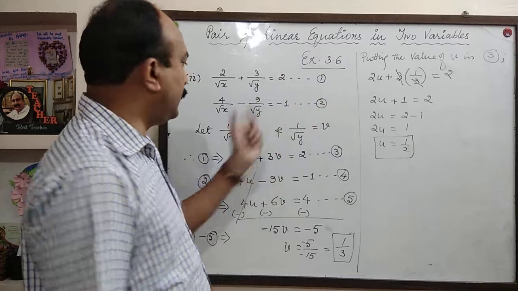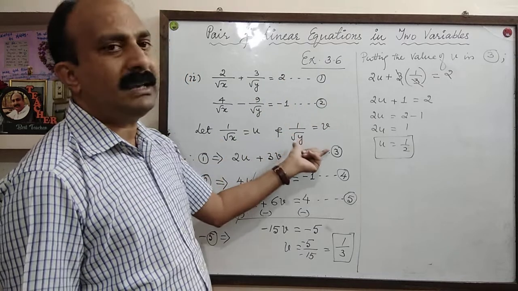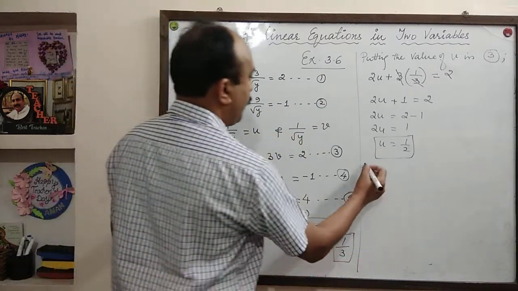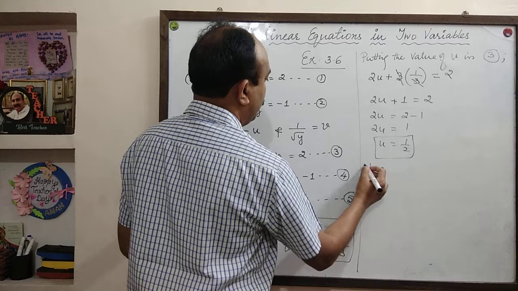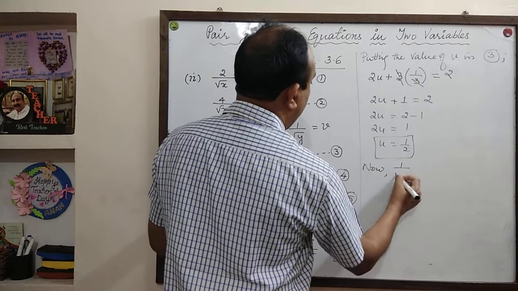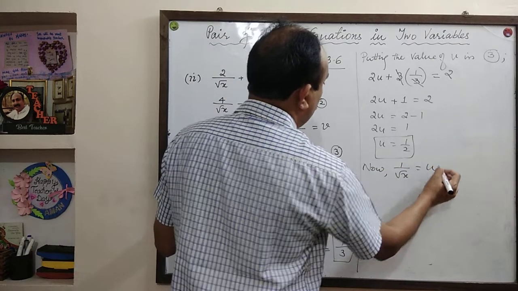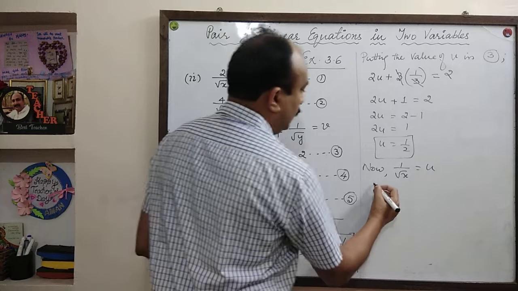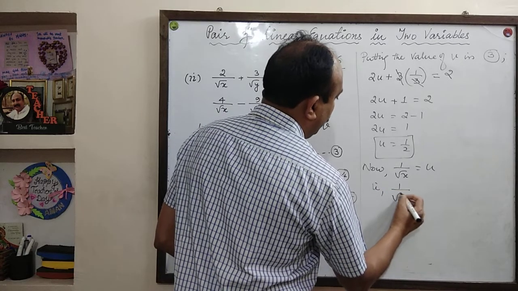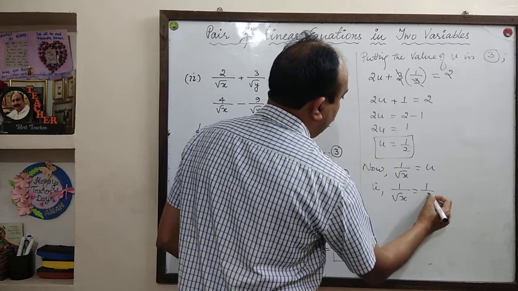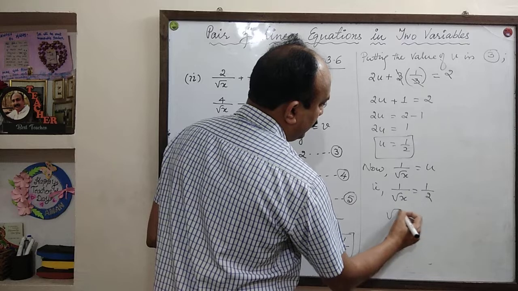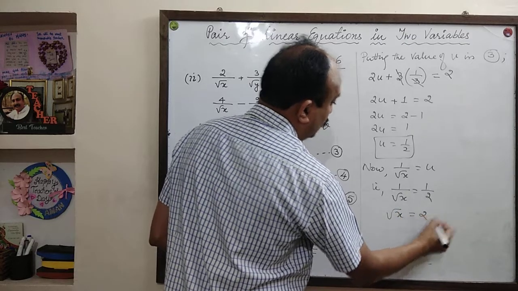Now we are going back to change them into x and y. So now 1 upon root x is equal to u. Put the value of u, that is 1 upon root x is equal to 1 upon 2. Cross multiply. Root x is equal to 2.